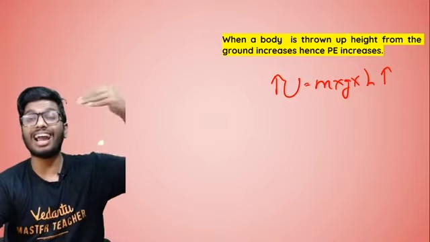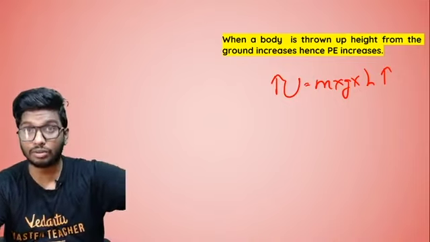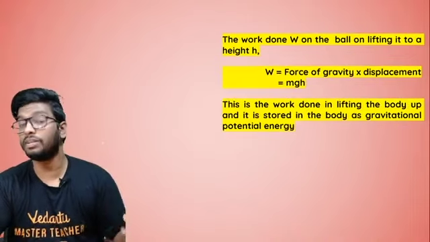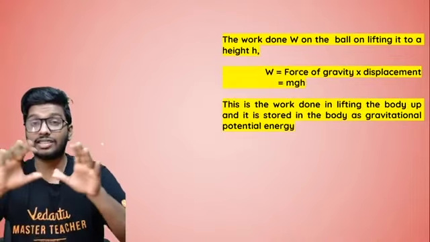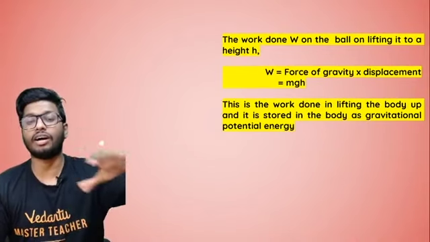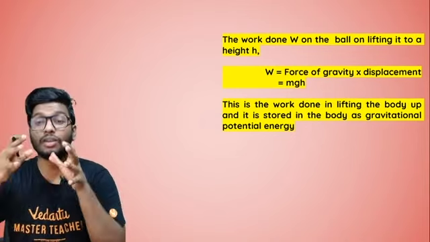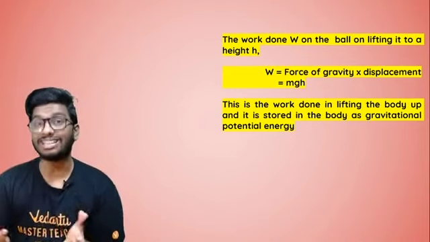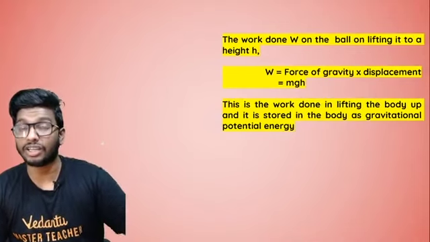So the more height you take the object to, the more potential energy the body would possess. As simple as that. So what is the conclusion you can come to? The work done in lifting up the body, which is stored inside it, is what is called gravitational potential energy.